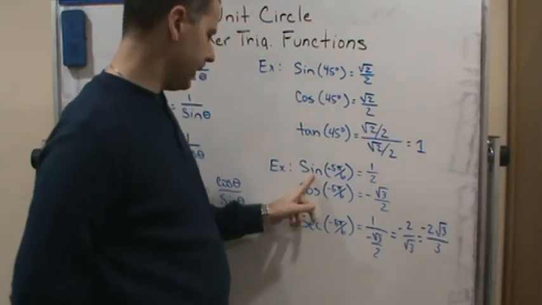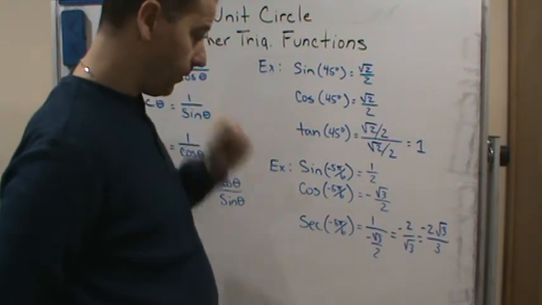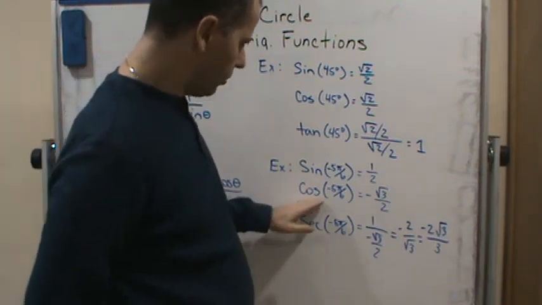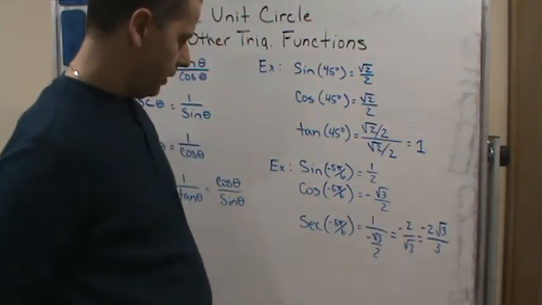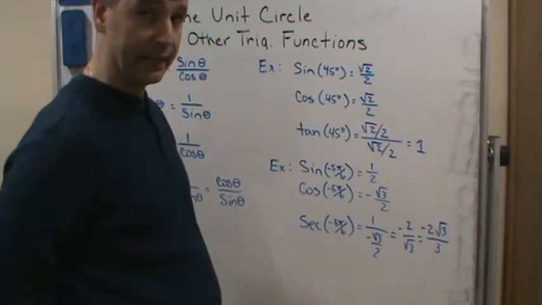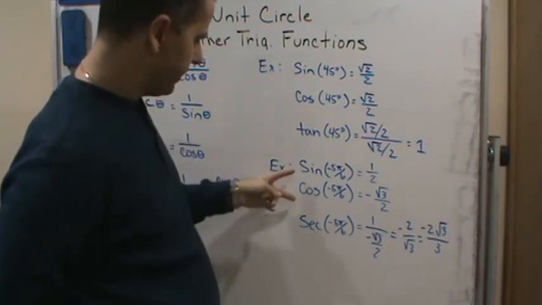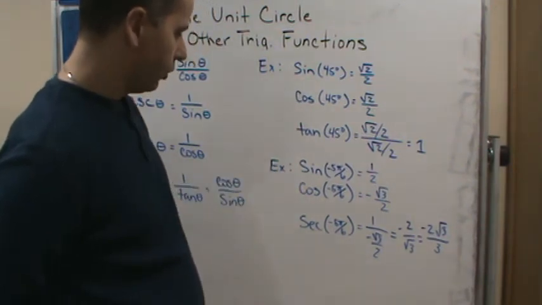Sine is positive in what quadrants? Sine is positive in the first and second quadrants. Cosine is negative in which quadrants? Cosine is negative in the second and third quadrants. So this is telling us that we are in the second quadrant.